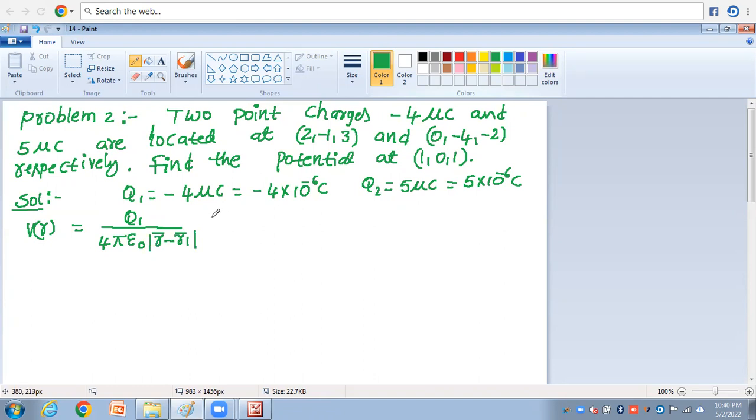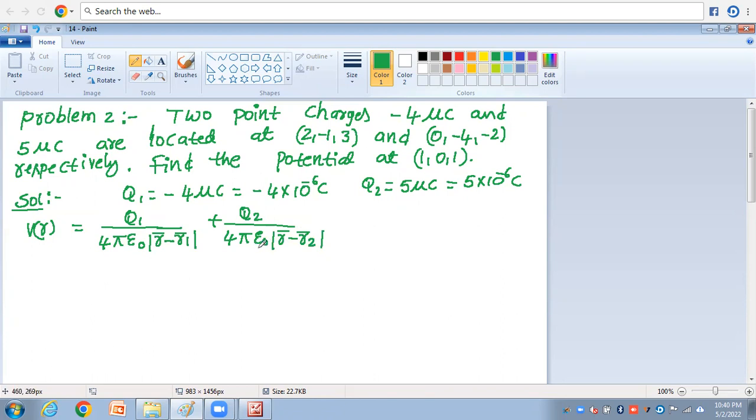Another charge, multiple charges, go with the summation: Q2 by 4 pi epsilon naught, mod of R bar minus R2 bar.